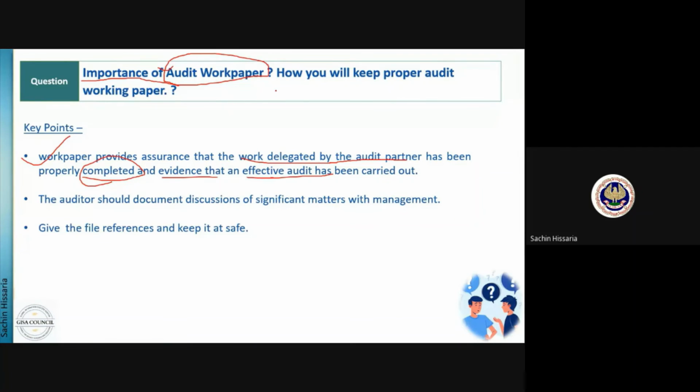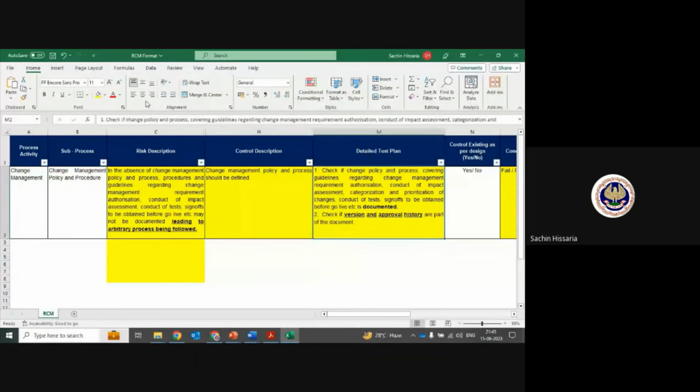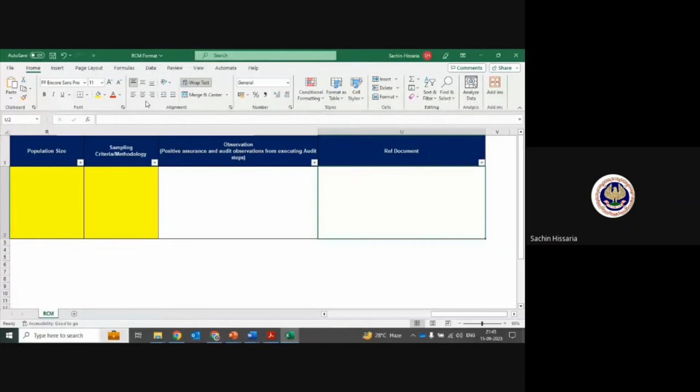So as an auditor, how will you keep a proper audit working paper? If you have seen the RCM template properly, you can see that against each control, I write in the reference document what documents I have verified. So if somebody asks me tomorrow what I verified for this control, I have a document reference.